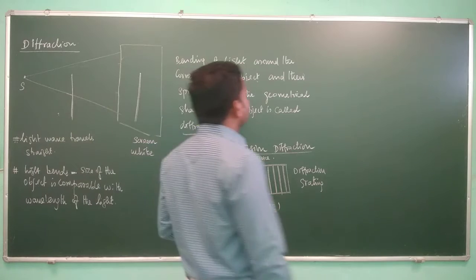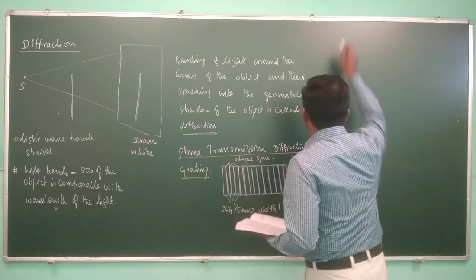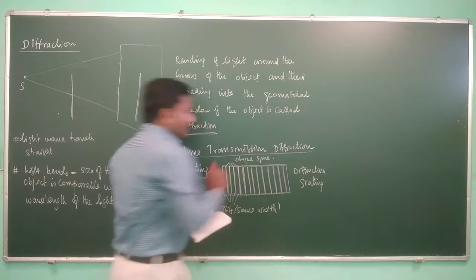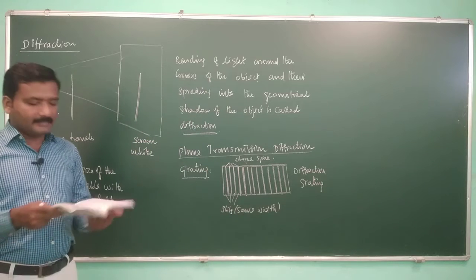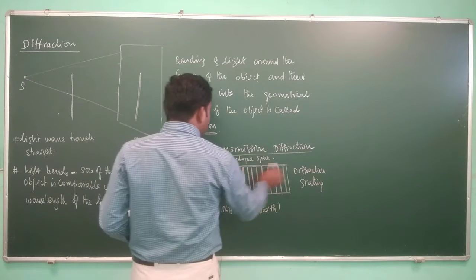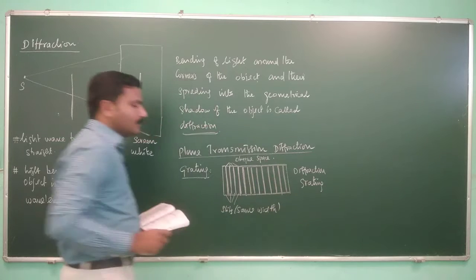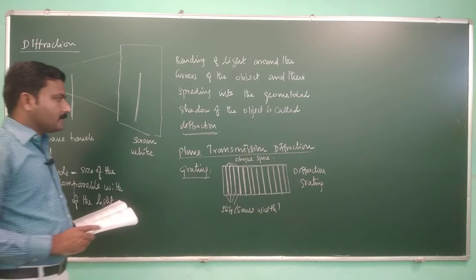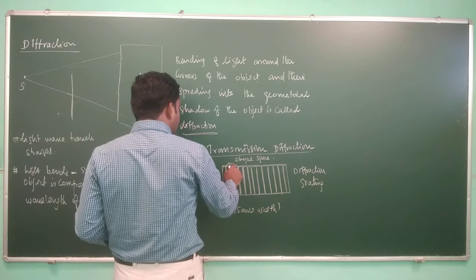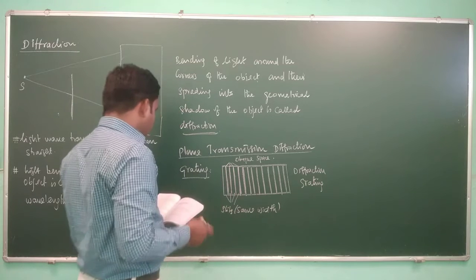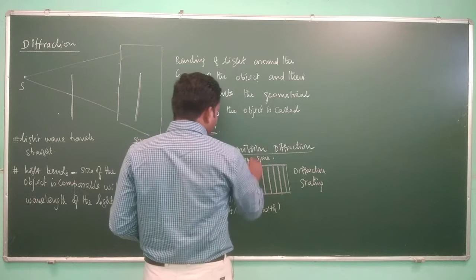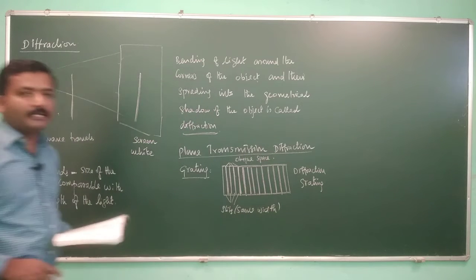By taking a transparent glass plate like this, a plain glass plate, and making equidistant lines, that is, making a ruling, parallel lines we can draw.